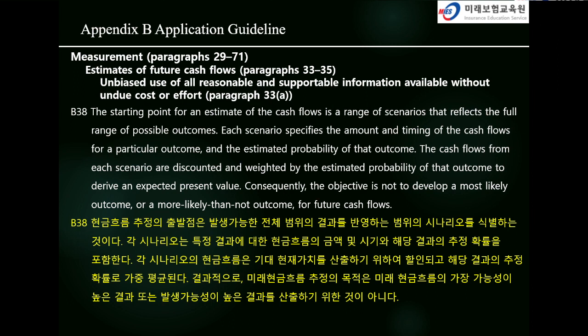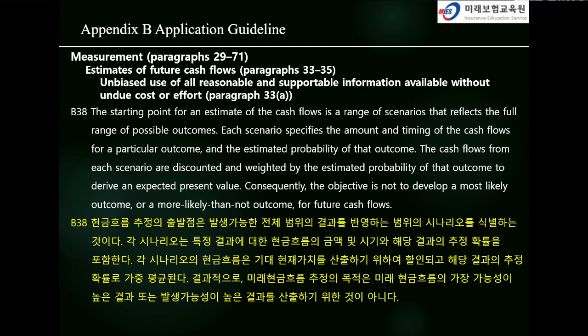This is in Appendix B, the application guidance, and you can have a look at this. It also has a translated version in Korean, but I just want to go through the English, and you guys can have a look at the other set of videos where I interpret the standards and application guidance.